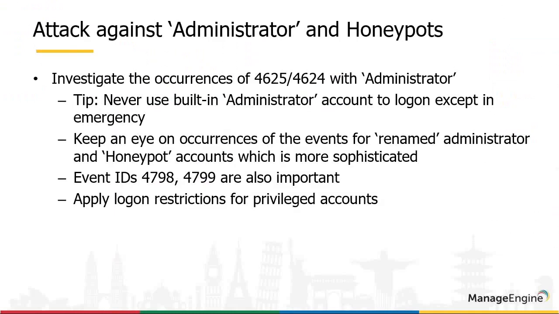And that is how. Those are the event IDs that are going to help us: 4625 and 4624. And with the release of Windows Server 2016 and Windows 10, there's another way. Microsoft has introduced a couple of event IDs, 4798 and 4799, for local object enumeration.